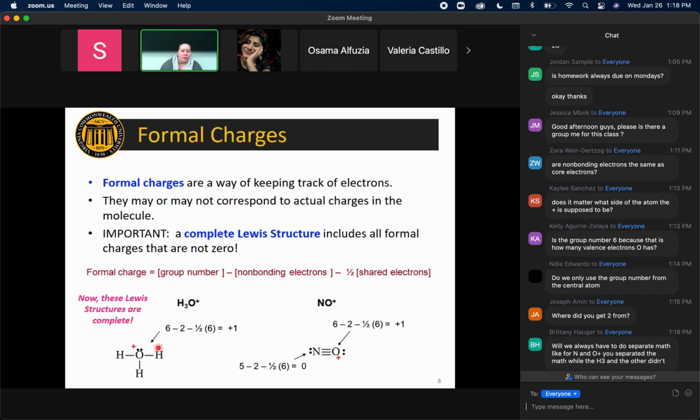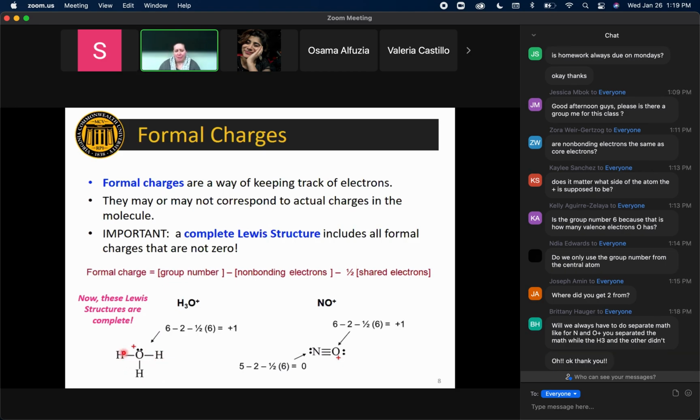I verbally went through the equation for one of these hydrogens to demonstrate that the formal charge is equal to 0. Whenever you see a hydrogen just bonded to one thing, that formal charge will always be 0. And that's going to be the most common way we see hydrogen. So most of the time, we're just going to ignore the hydrogen.